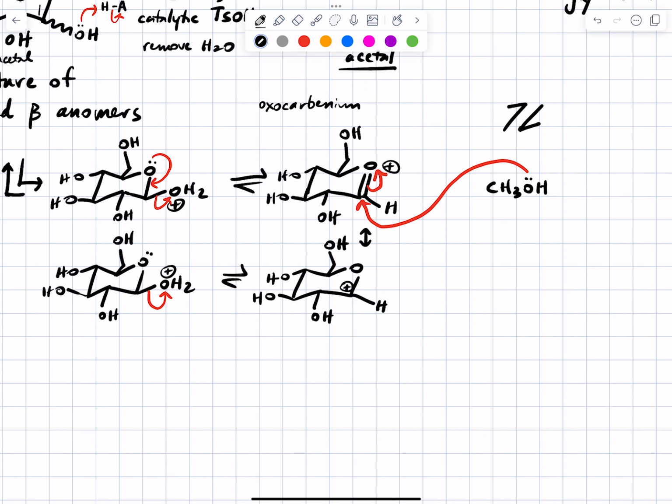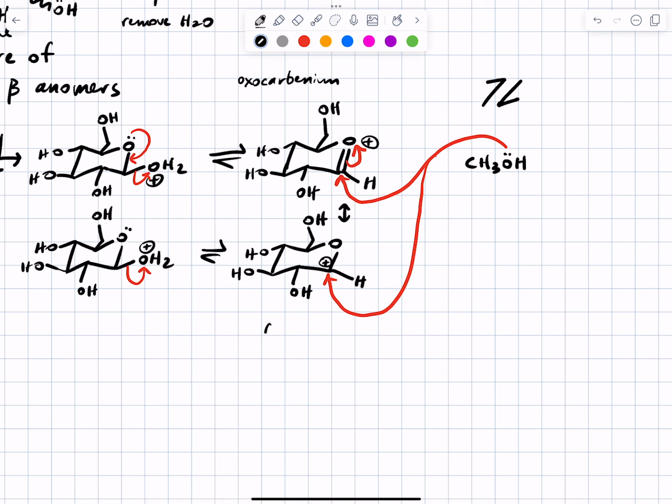Then once we get to the oxocarbenium ion, the methanol nucleophile can attack the intermediate either from above or below. Now, normally, when attacking a carbocation of this nature or a carbonyl of this nature, both of those resonance structures, you would imagine that attack from above or below would happen with the same frequency for a planar intermediate.